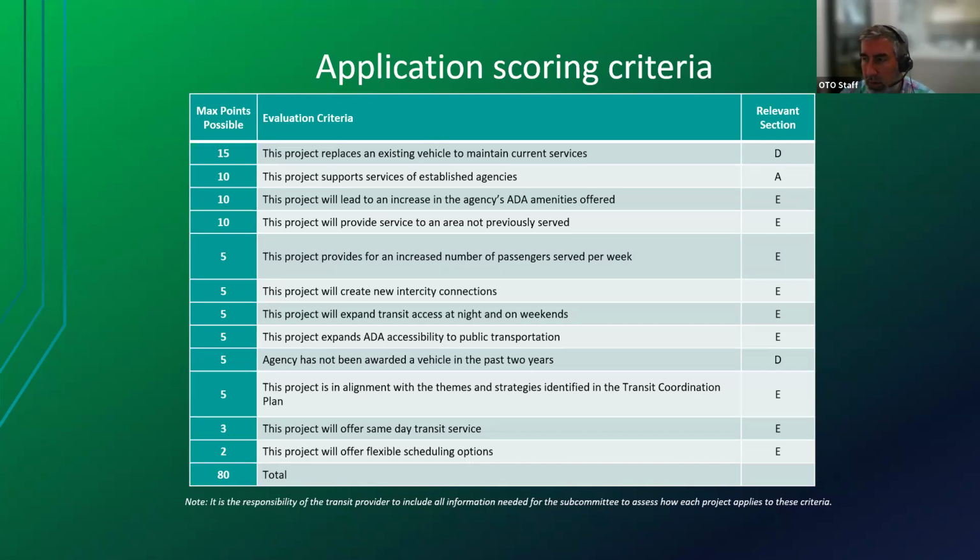The guidebook also has some more explanations on what we're looking for in the different scoring, or how it's scored, what the questions relate to. There's 3 sections, so all the points are normally either you get them or you don't. Besides, there's 3 sections. The one is a project will lead to an increase in the ADA amenities. The third one is up to 10 points.